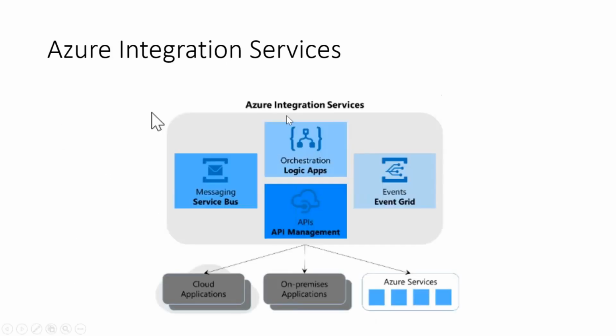This is part of the white paper that Microsoft released, explaining this platform. We show exactly what each is meant to be used for: Logic Apps as the orchestration engine, Event Grid as the pub/sub of my platform, Service Bus for messaging to store messages to exchange between the several layers, and API Management to consume other applications or to expose my service to be consumed by other applications as well.